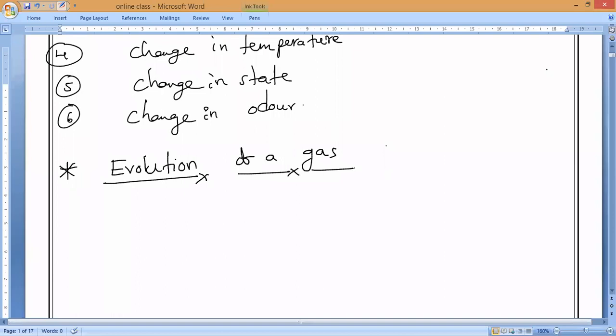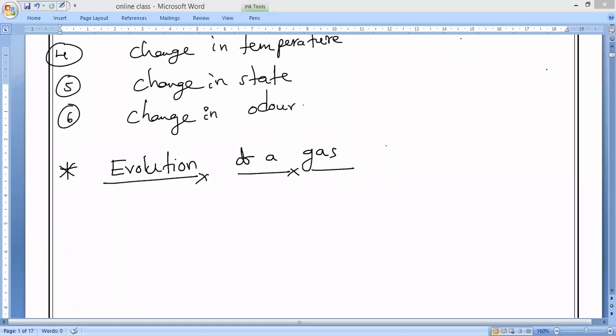So many substances, once they react chemically, show us, or we can easily notice, that some gas is coming out. How do we notice the gas? Some kind of bubbles form. What are the bubbles indicating? The bubbles being released indicate that gas is evolving.